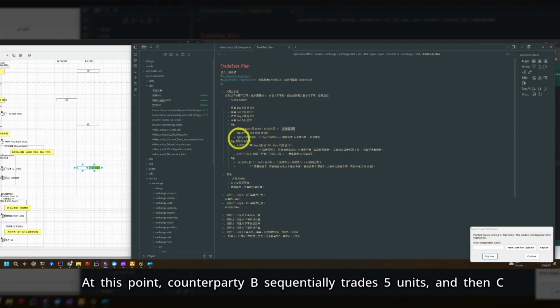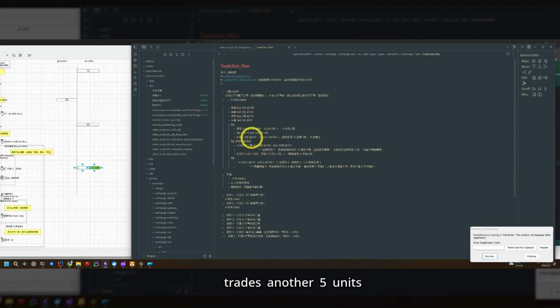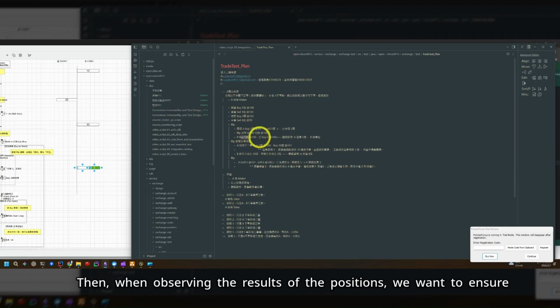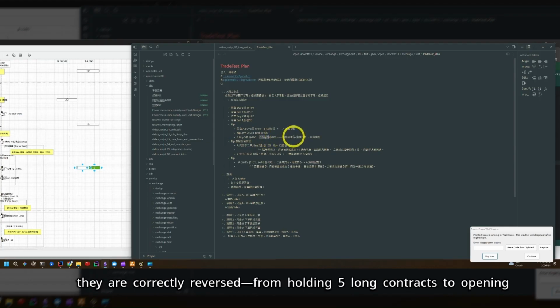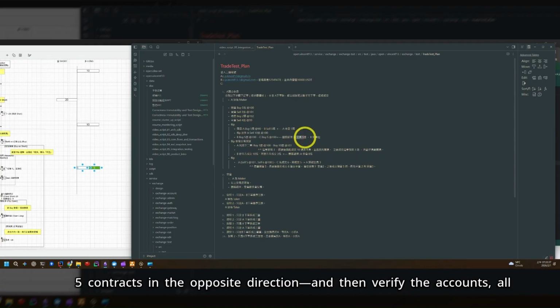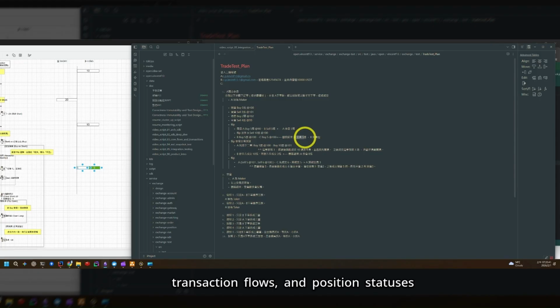At this point, counterparty B sequentially trades 5 units, and then C trades another 5 units. Then, when observing the results of the positions, we want to ensure they are correctly reversed, from holding 5 long contracts to opening 5 contracts in the opposite direction, and then verify the accounts, all transaction flows, and position statuses. This is the basic flip test.